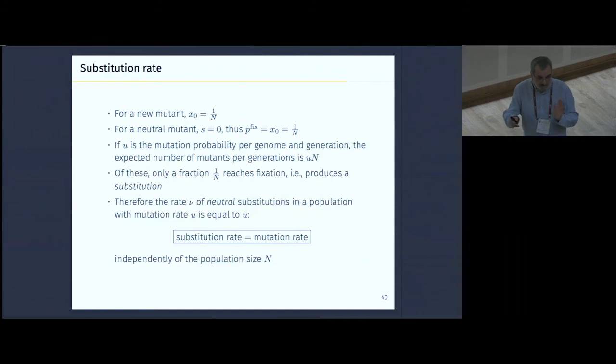So we have a sort of area of mutations which are practically neutral and in which this substitution rate equals mutation rate holds. And this is also important because this is the way in which you can apply what I mentioned before about the mutations. The mutations are used to estimate the time of divergence since the common ancestor.